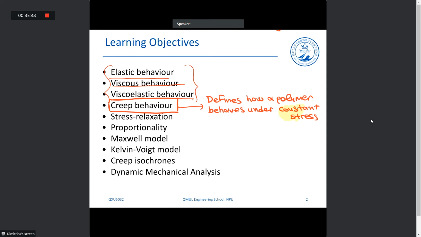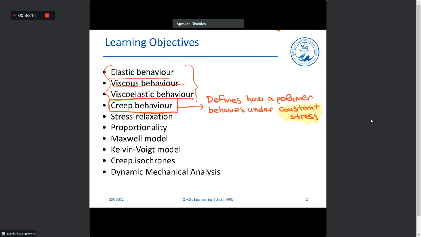Consider you have a chewing gum. You stretch it like that, and you keep it like that over, I don't know, a whole day. Initially, chewing gum will be straight or have a small curvature, but because of the creep behavior, because we have a constant stress, the material will essentially deform.